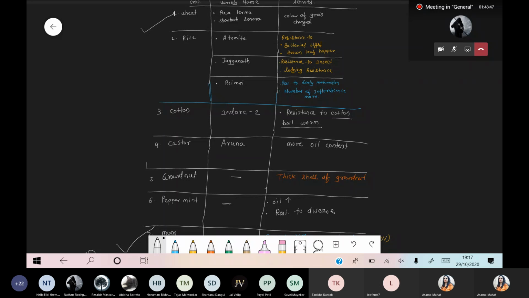It's a minor chapter, don't take too much stress for this chapter. It is a little lengthy, but solve the previous year questions, last 10 years questions, and try to catch exactly which is the important area. We have told you, but if you do it yourself, you will get a clear-cut idea. Because the question is in front of you, theory is there, and below the questions options are there, so you can correlate with each other.